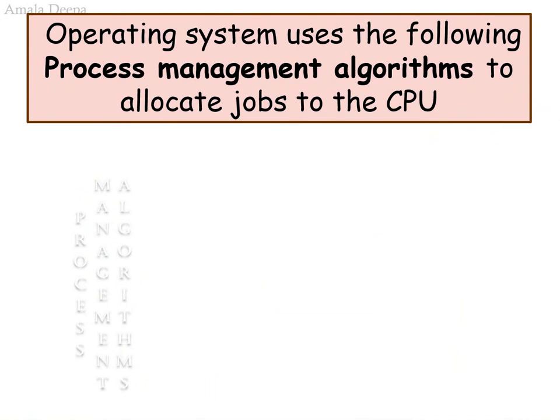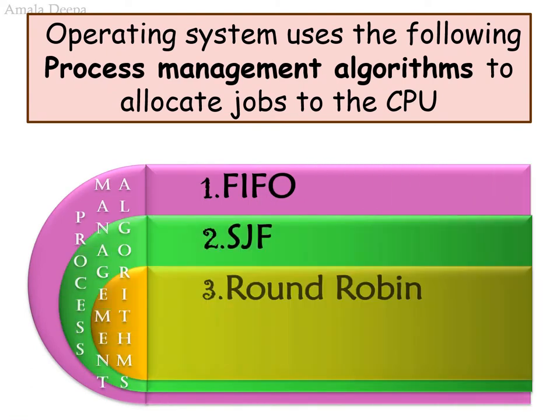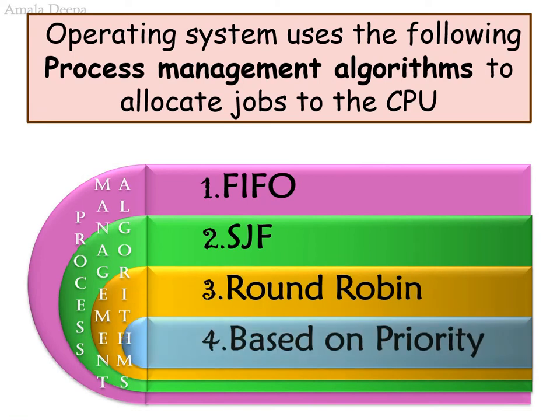Operating system uses the following process management algorithms to allocate jobs to the CPU. There are 4 process management algorithms: FIFO, SJF, round robin, based on priority.